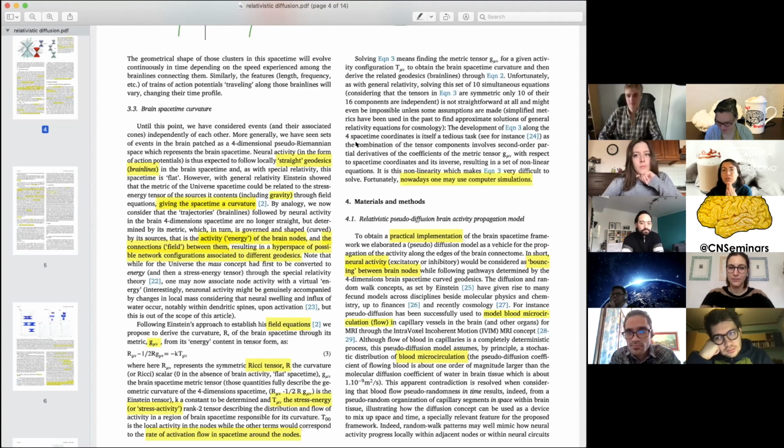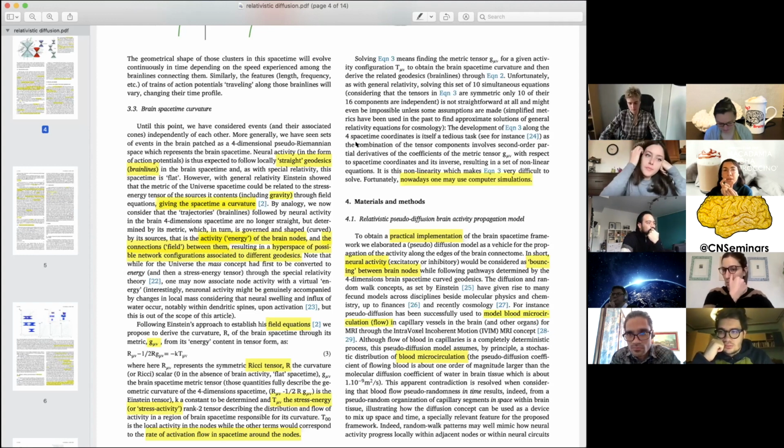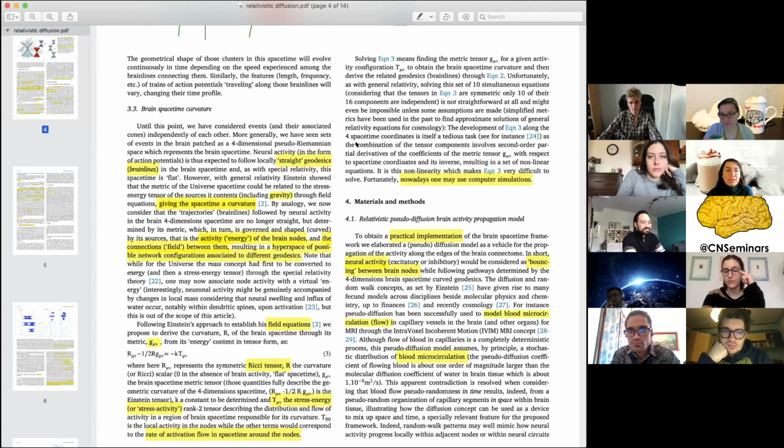So it's not just fixed, but the perception of time can change depending on the perspective from which we are looking. And in the brain, of course, the field is different, because here it's hypothesized that the field is given by the node activation, like energy.